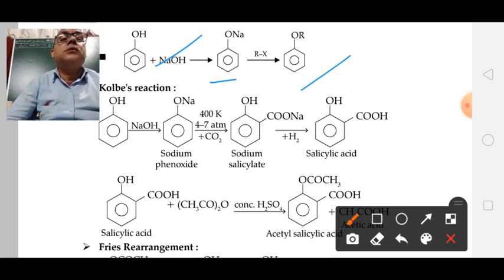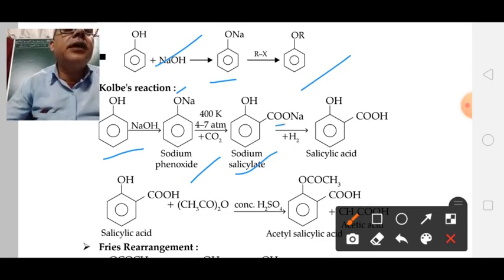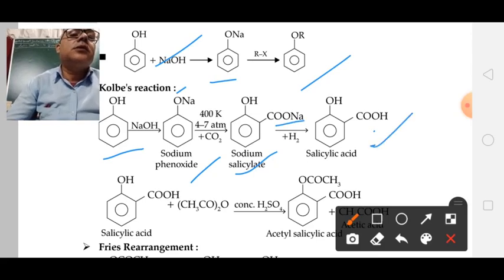Now you can see some named reactions. First, the Kolbe reaction: phenol reacts with NaOH, gives sodium phenoxide, which at 400 temperature and 4 to 7 atm pressure gives sodium salicylate, and on further hydrolysis gives salicylic acid.